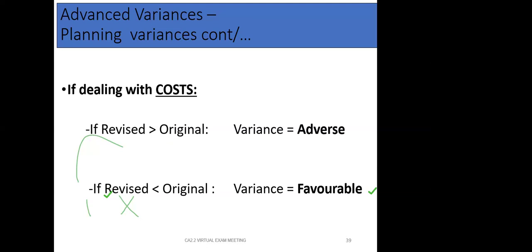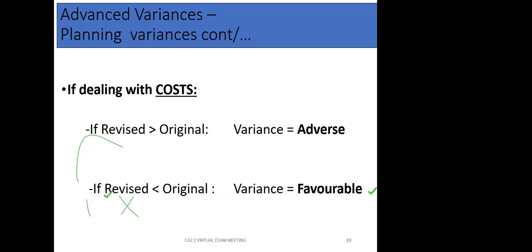Otherwise, I can say that if the planning variance is adverse, it is because the original standard understated the costs, thereby overstating the profit.